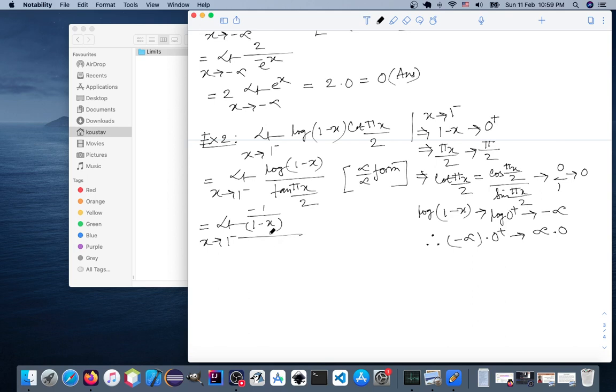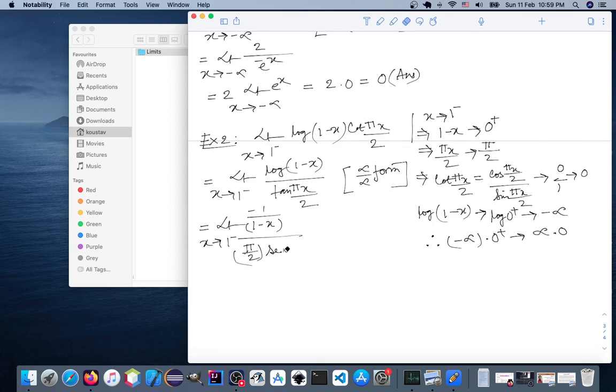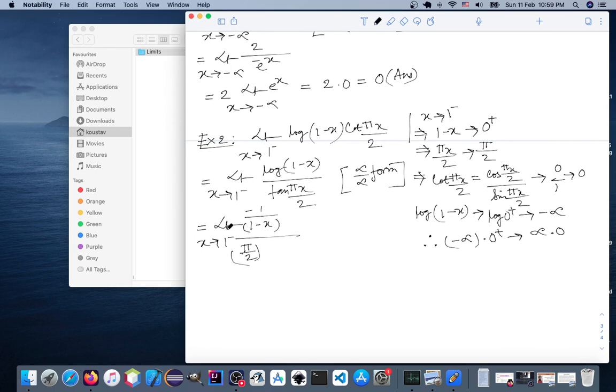So this will be pi by 2 sec square(pi x by 2). Let's bring the constant outside, so we get 2 by pi.